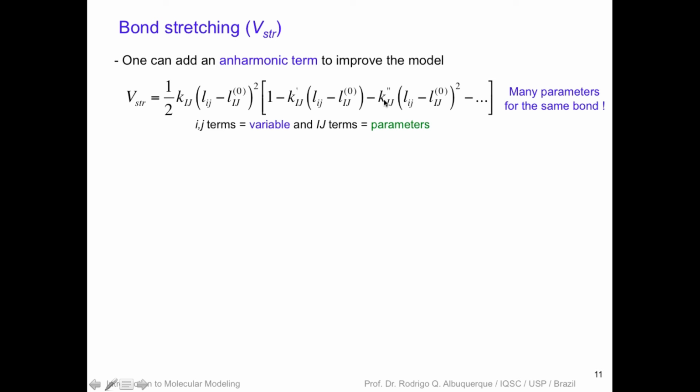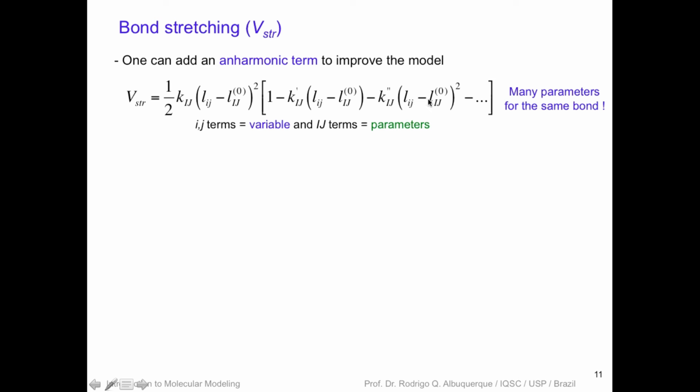Here you have a K double prime. And again, the reference bond distance here is the same as here and the same as here. The only variable here is the Lij, the real bond distance. Even at every moment this bond distance may be different, but the parameters are constant.